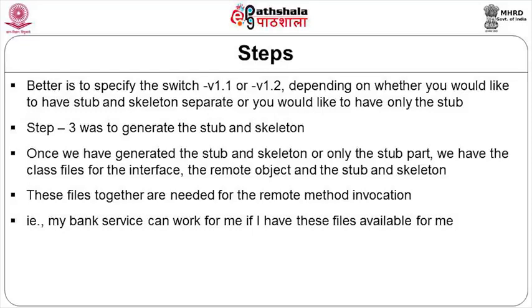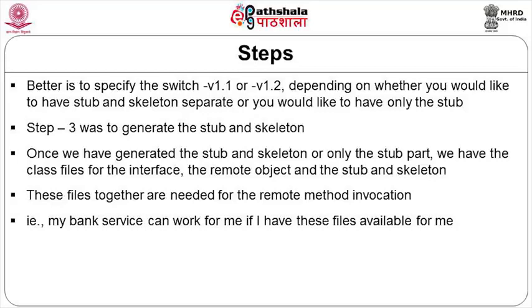So now step 3 was to generate the stub and skeleton classes. Once we generated the stub and skeleton, or maybe only the stub part, these files together, that is the remote implementation class, the interface class file, and the combination of stub and skeleton, are all needed for the remote method invocation.